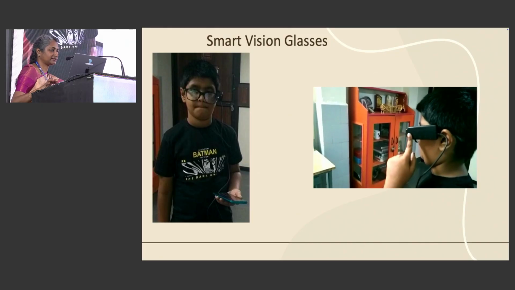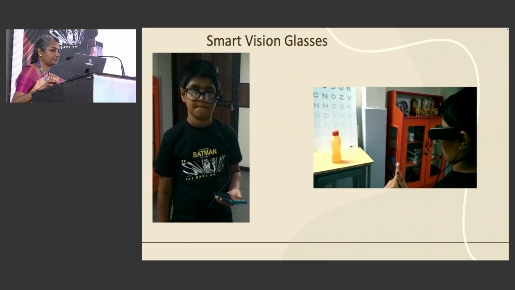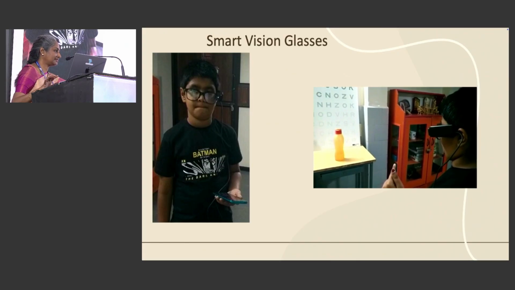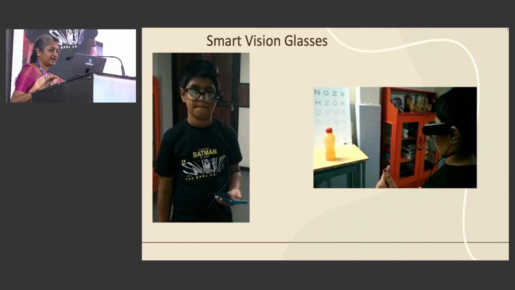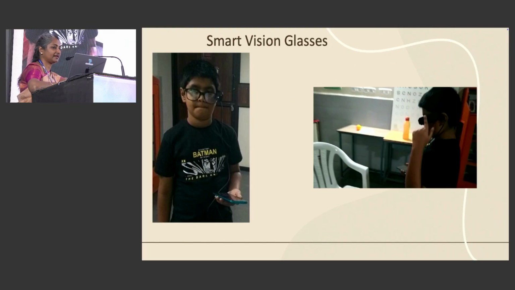Smart vision glasses can be used by higher function kids, or kids who have very poor vision but other senses intact. They will give a guide for navigation, people identification, currency identification, and reading; it will take a photo and translate it to the Indian languages.